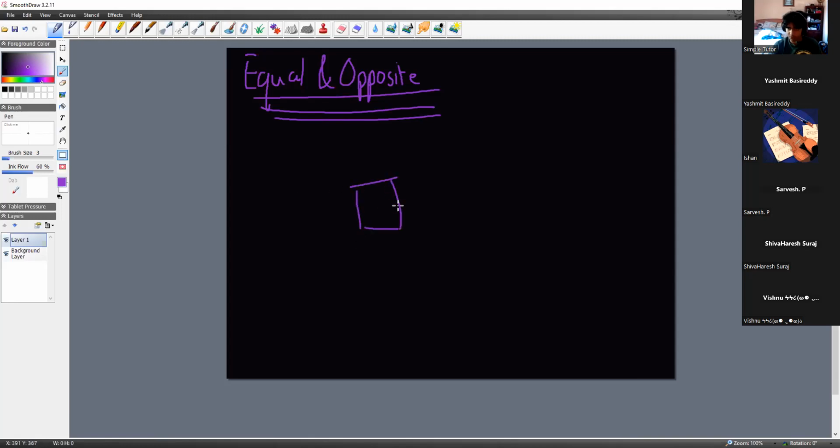This is the example I used when I first explained this last class. We have a small box and a big box. Basic common logic will tell us that because this is bigger, if a force is exerted on these two that causes these two objects to exert a force on each other, this object will exert a greater force. Why? Because F equals ma and the mass is greater.